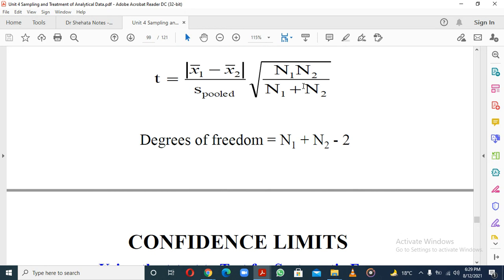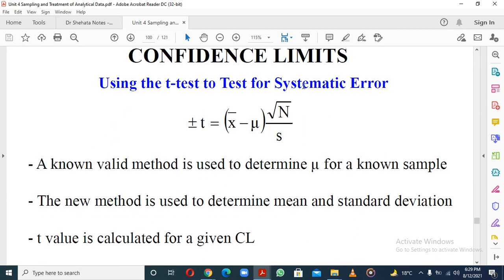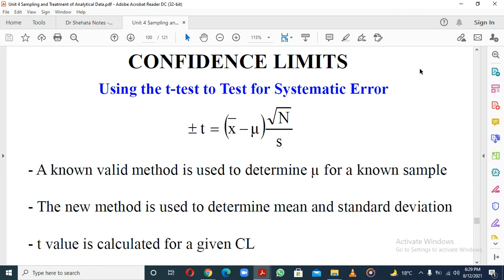If it's greater than what you've calculated, then the population mean and the sample mean are not very different from one another. If what you've calculated is greater than what is tabulated, then they are significantly different. Don't worry, look at an example.